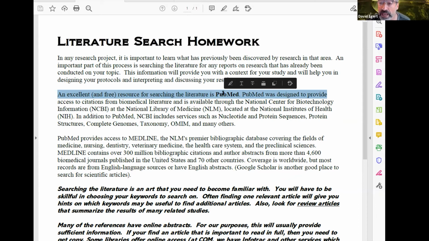Our library has, I think, InfoTrac or whatever, with other databases that you can search, which are also useful. So there's more than one way to skin a cat here, but you should definitely know PubMed, because that is the premier access point to most of the scientific literature. I will talk about it in more detail in a little bit.